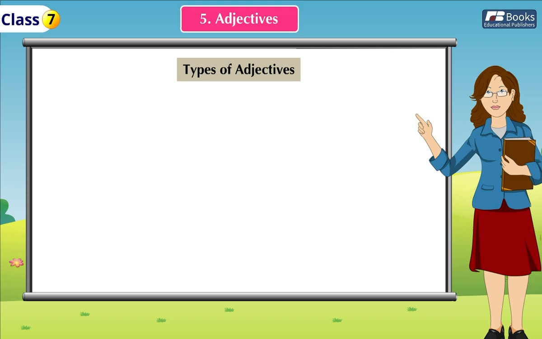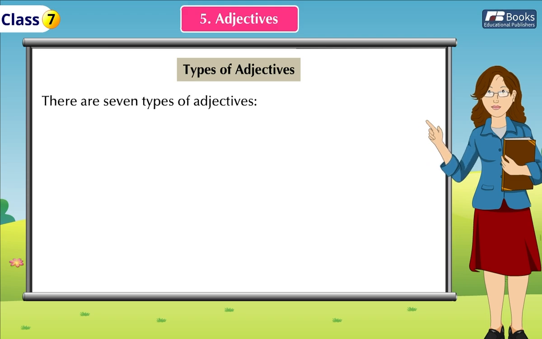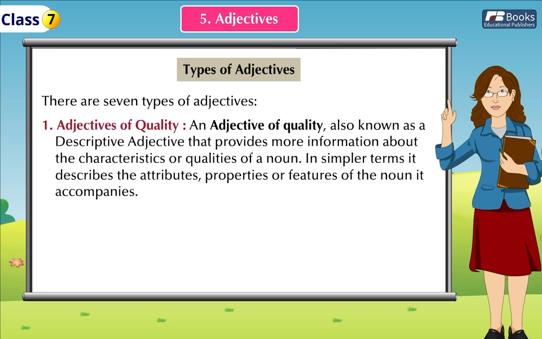Types of adjectives. There are 7 types of adjectives. First, adjectives of quality. An adjective of quality, also known as a descriptive adjective, provides more information about the characteristics or qualities of a noun. In simpler terms, it describes the attributes, properties, or features of the noun it accompanies.